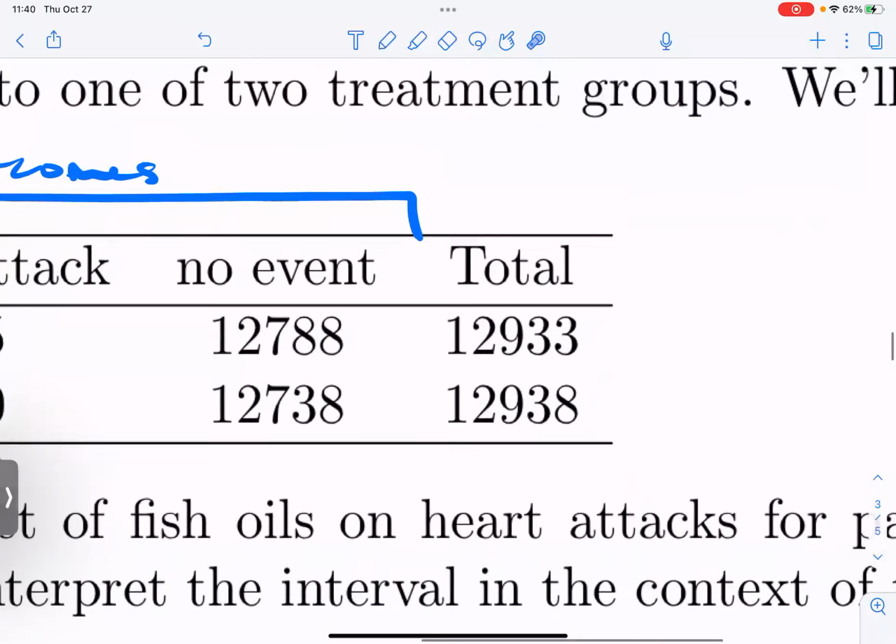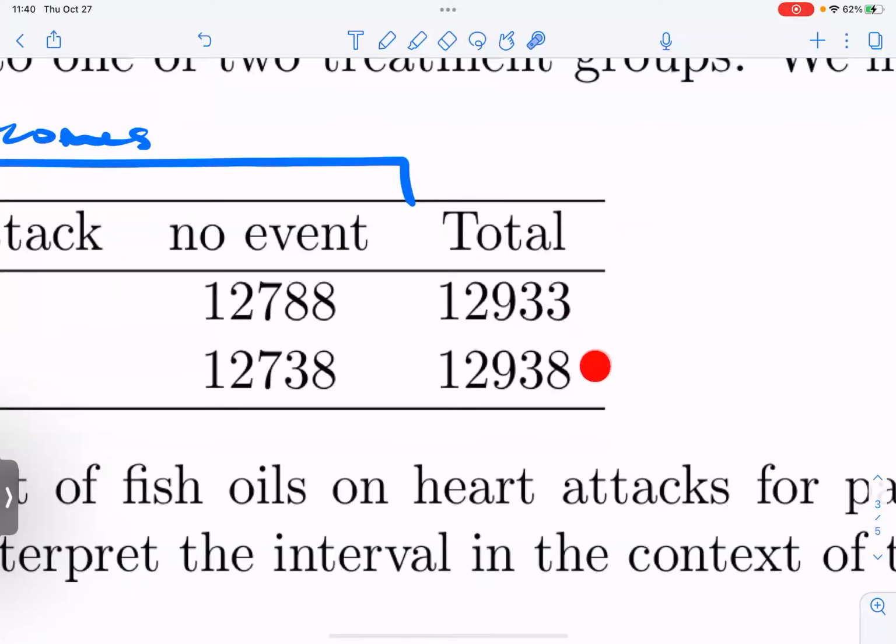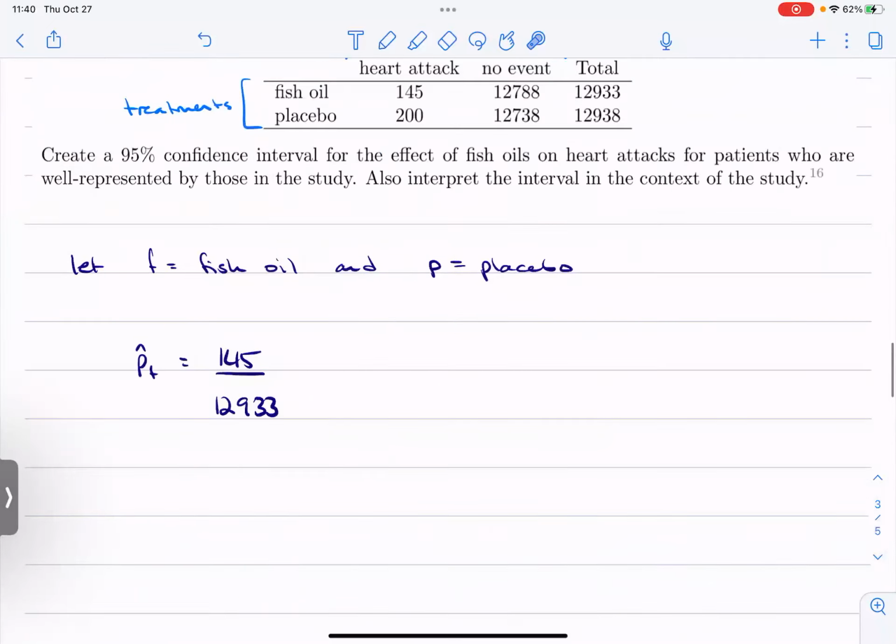Careful, because they look so similar, but the sample sizes are slightly different. So just be really careful there.